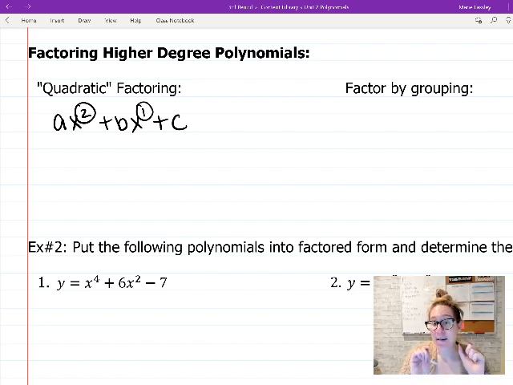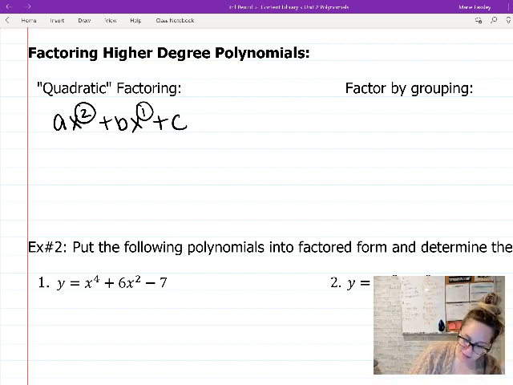All right, and that's an important thing. So using that box method actually works for any polynomial that fits into this category. You have an even exponent for your largest exponent, then your middle exponent is half of that big one, and then you have a constant, which is just a number at the end.